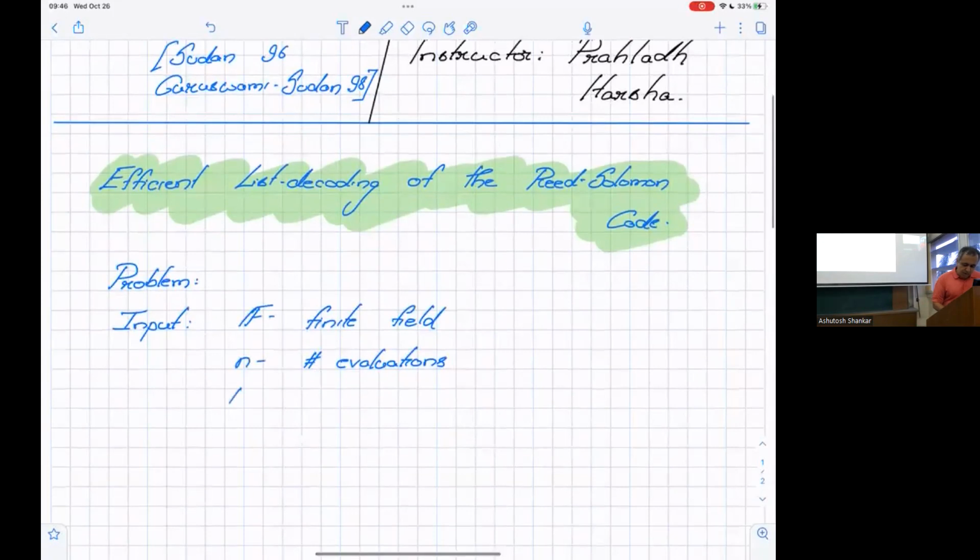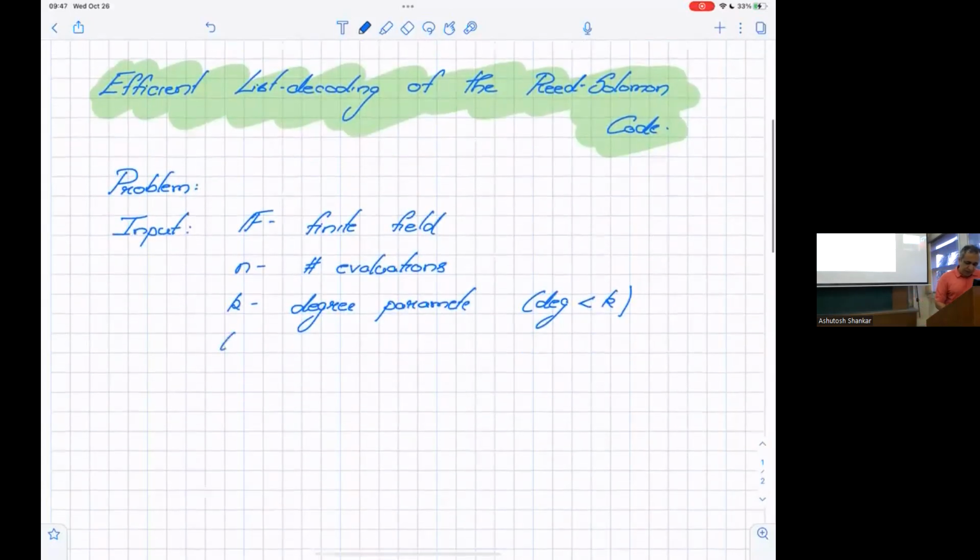You are given k, which is the degree parameter. We'll assume the degree is always less than k, so that k matches the notion of dimension. It's not equal to k, it's less than k, and that will exactly be the dimension of the code. Then t, which we haven't used so far, is what we call the agreement parameter, the number of points of agreement.